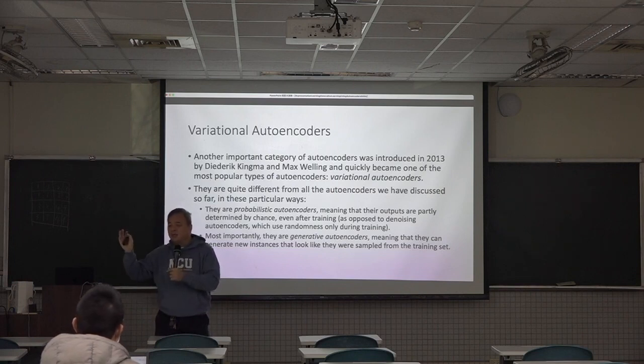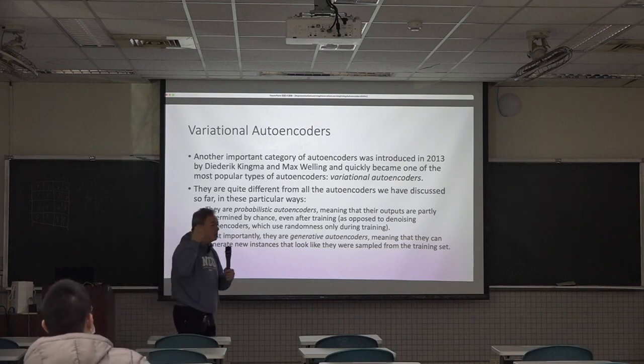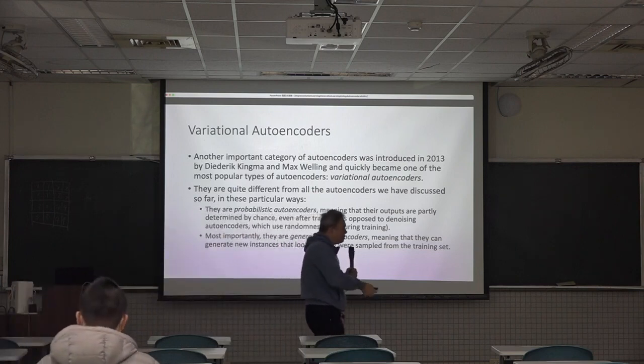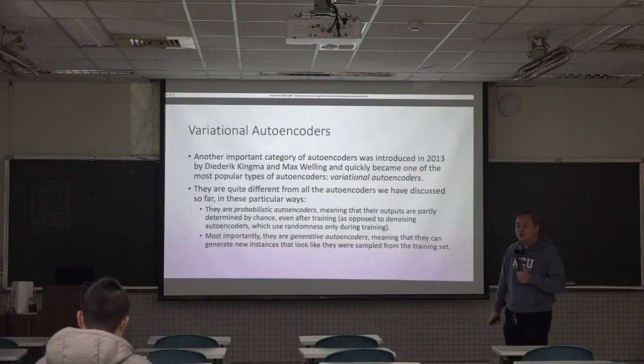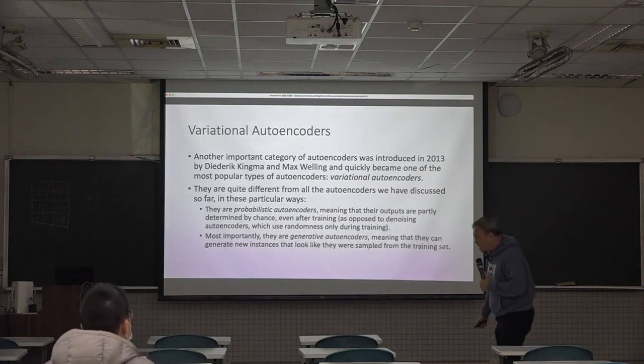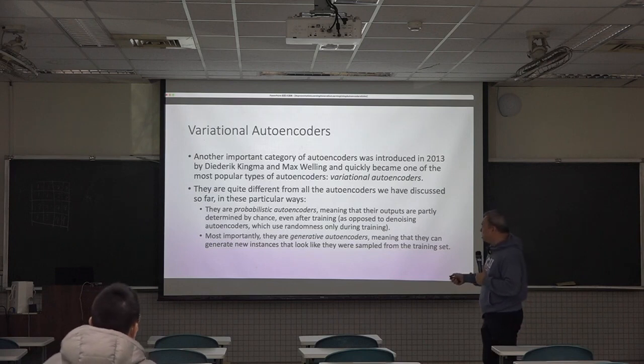So none of the types of autoencoder that we have talked about would be considered a probabilistic autoencoder. But the variational autoencoder is a probabilistic autoencoder.